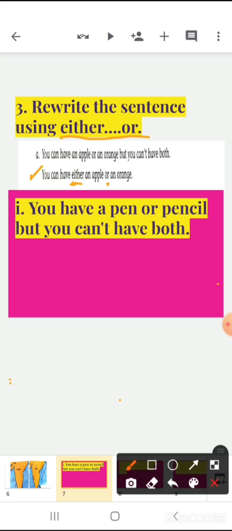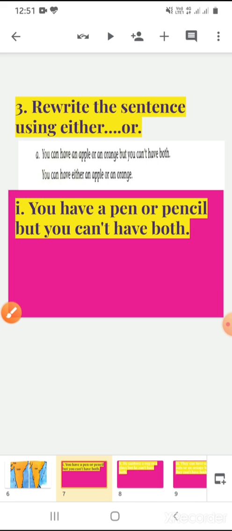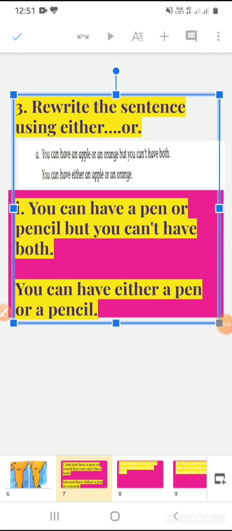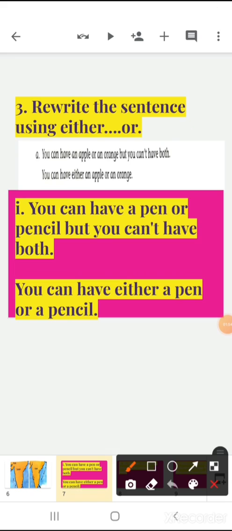You have a pen or pencil, but you can't have both. In this sentence, we have to use either or and we have to rewrite the sentence. Try to do it. In this way, we have to write, you can have either a pen or a pencil.